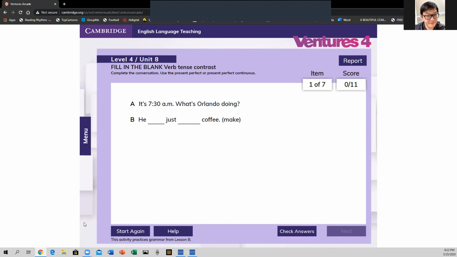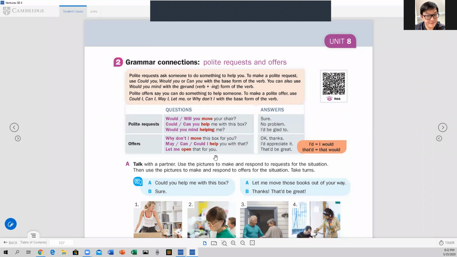What I need you to do now then is go and do your workbook. Open your book on page 101, you have exercise 2. So I need you to do that.